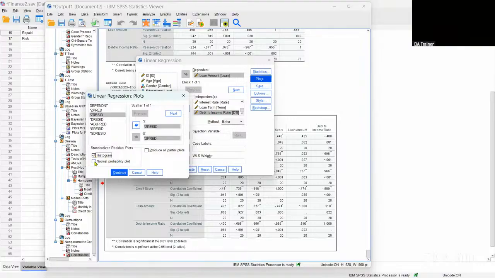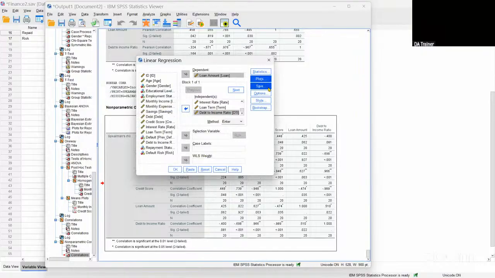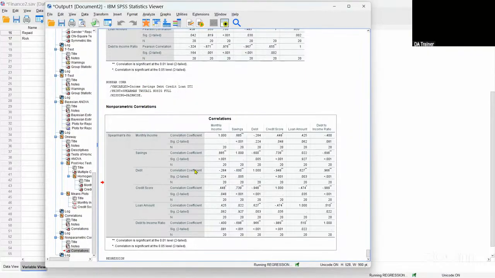And then if you wish, a normal probability plot can follow. You can produce all partial plots if you wish. And then you click on Continue, then you click on OK.